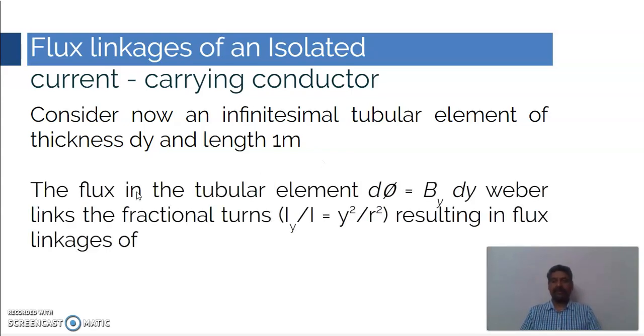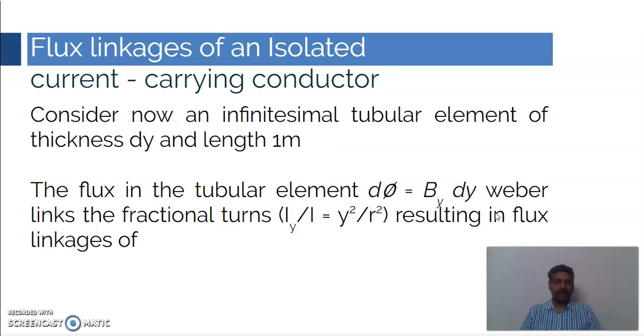The flux in the tubular element can be written as d phi, because it's a small tubular column, d phi is By times dy Weber. So this is the equation for d phi by dy, By into dy, because we are assuming the length is 1 meter.